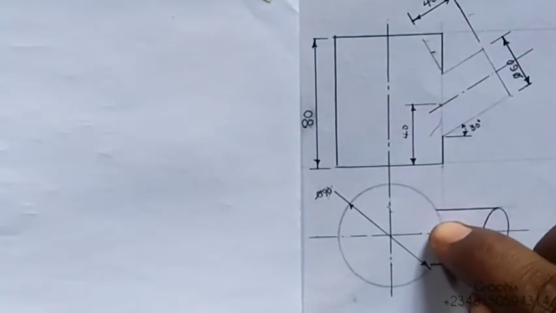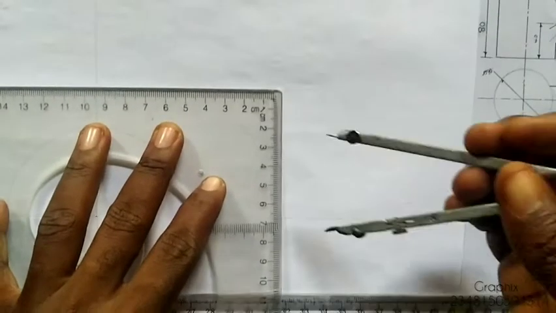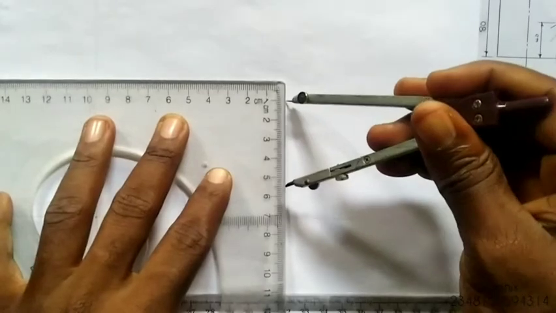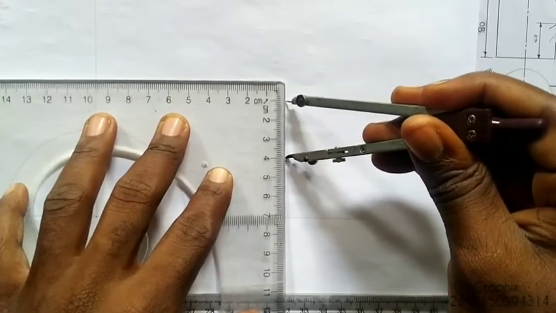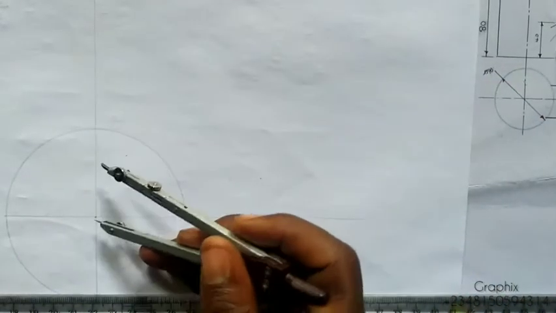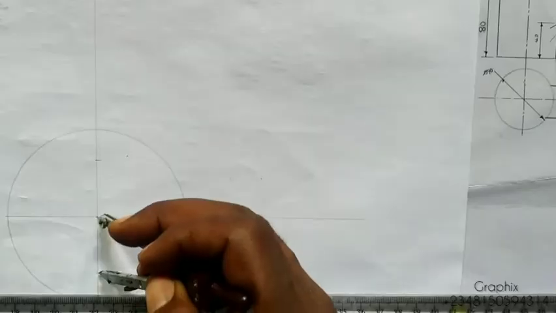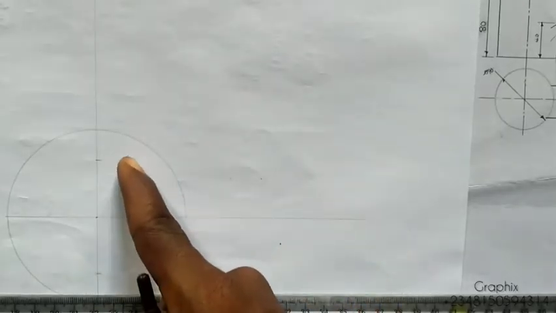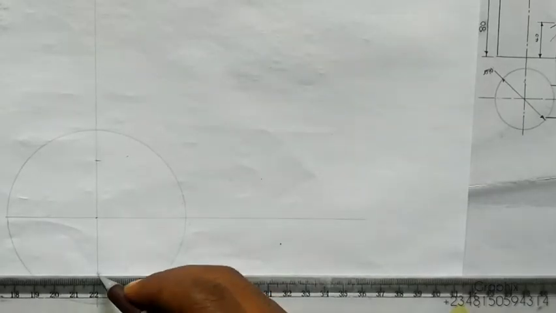From the center, I'm going to mark 30, 30. I'll place it at the center here and mark 30, 30, making it from this point to this point 60.